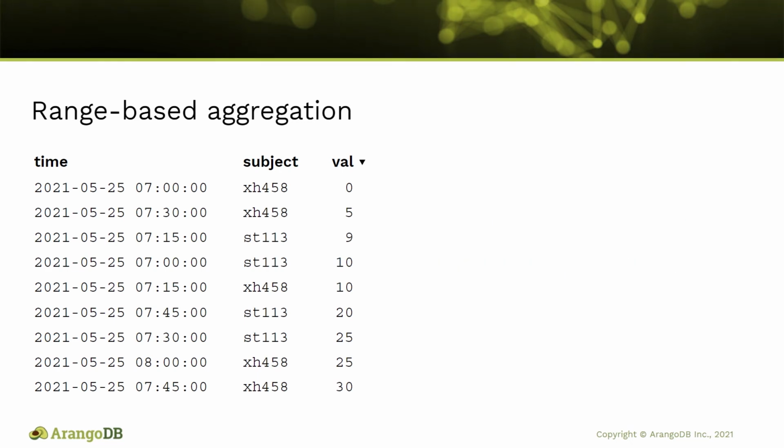In this example, we use a window with the range of -10 to +5 relative to the val attribute. That means for the first value of 0, the range is from -10 to +5. And if we aggregate that, the sum is 0 plus 5 for 5, divided by 2 rows. That's an average of 2.5.